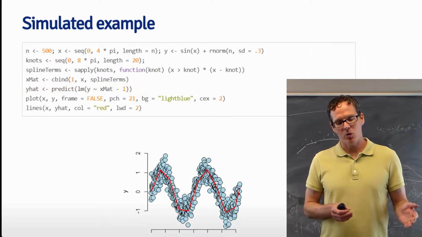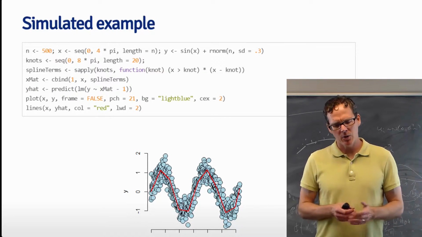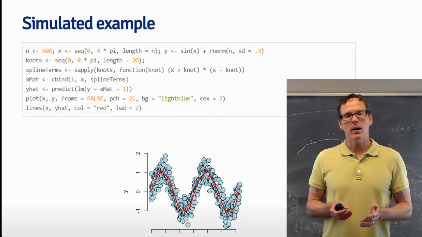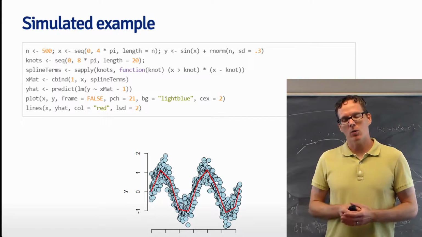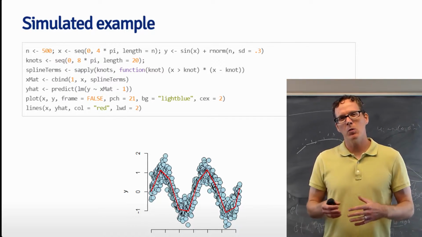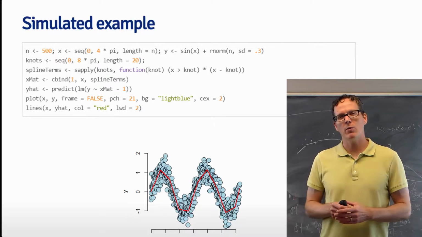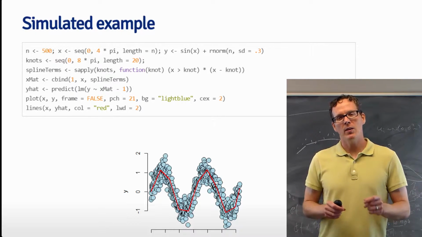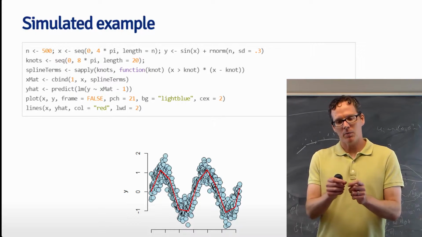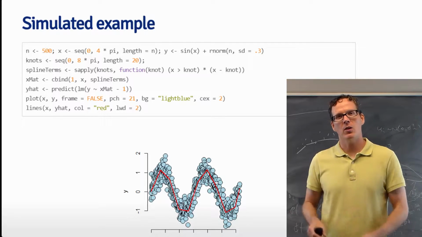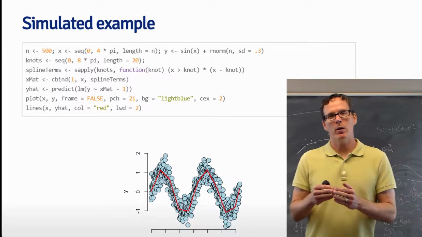Then I show my fitted plot, and you can see it looks pretty good. It actually fits the sine curve fairly well. The only thing that's a little bothersome is that we know the sine curve we're trying to fit is likely kind of smooth, and this is very sharp at these knot points.